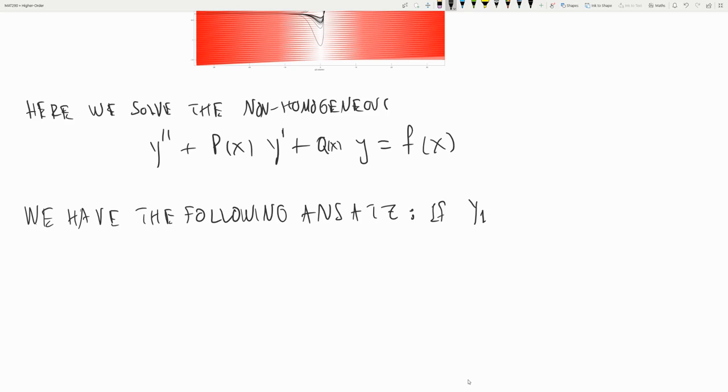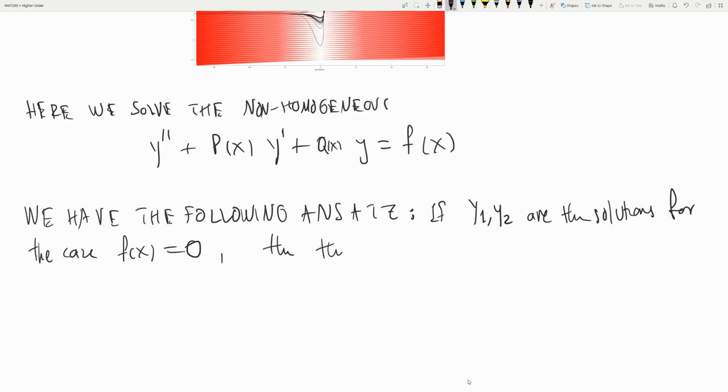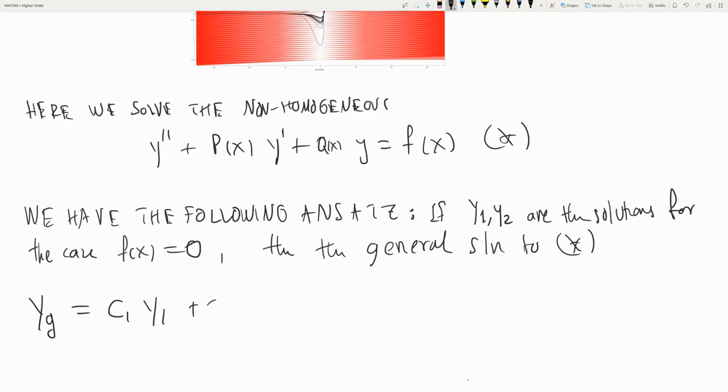If y1 and y2 are the solutions for the case f equal to 0, then the general solution to start is of the following form: c1 y1 + c2 y2 + u1(t) y1(t) + u2(t) y2(t).